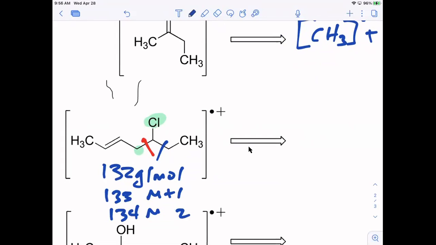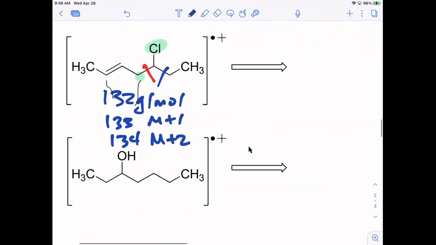It's not going to have a high intensity, but it definitely will be there because you have a halogen present. And then the M+1 is always there. It's small too because of the natural abundance of that carbon-13 isotope, but it's there. All right, so you got 2 fragments from here.